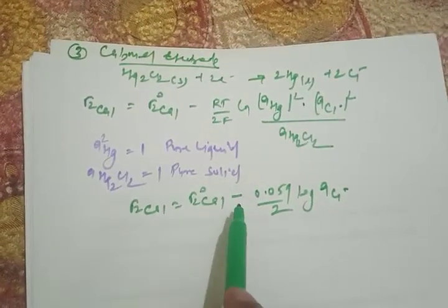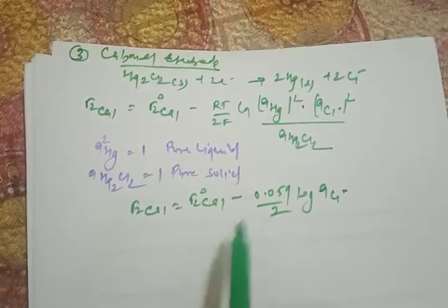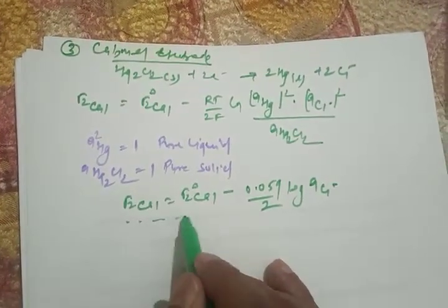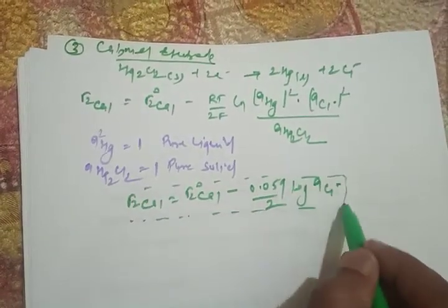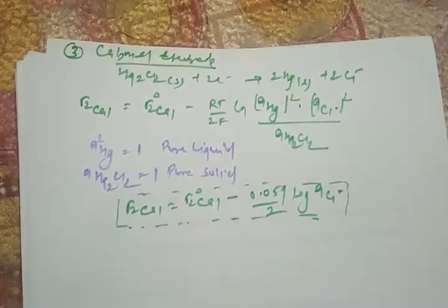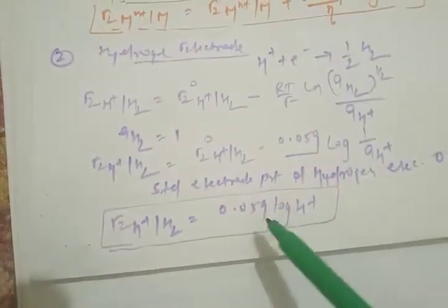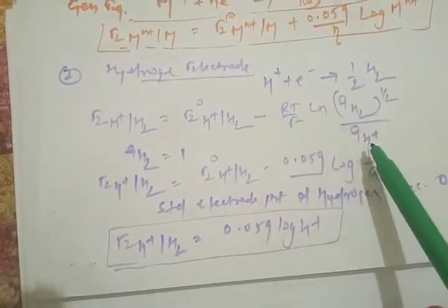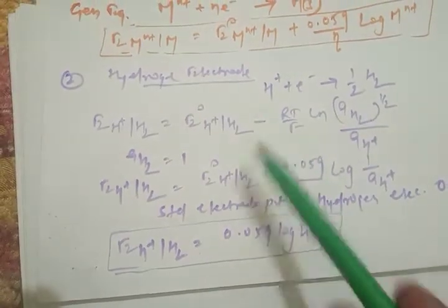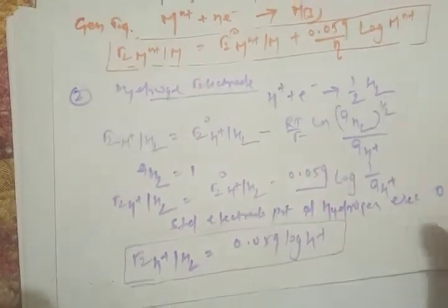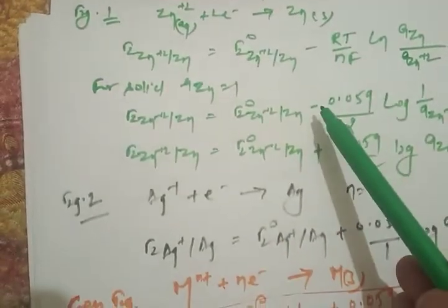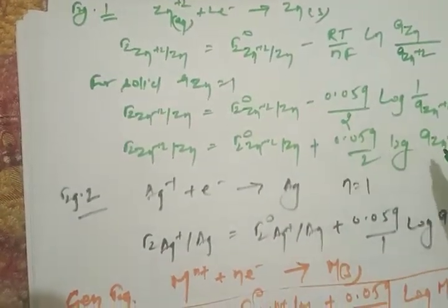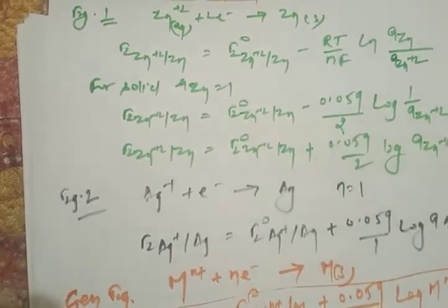Here we cannot change whether it is in plus sign or in minus sign. So this equation is different from the past two equations. Point to be noted: in the previous equations you can see that as you put the AH plus above, the sign will change from minus to plus. As in the case of metal ion electrode also, where we have a minus sign, and when we put this up here the sign will be changed.